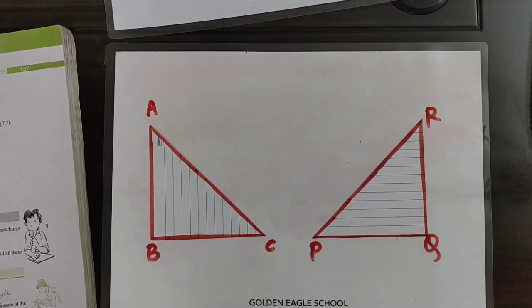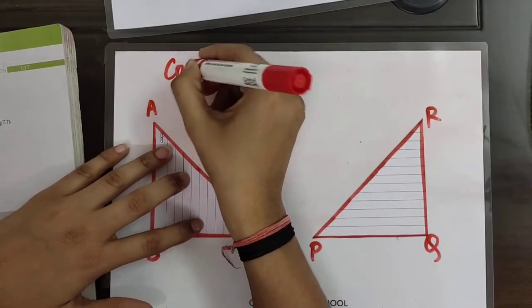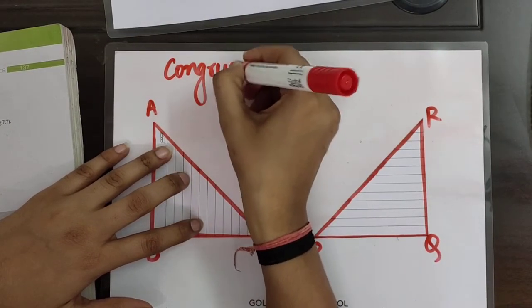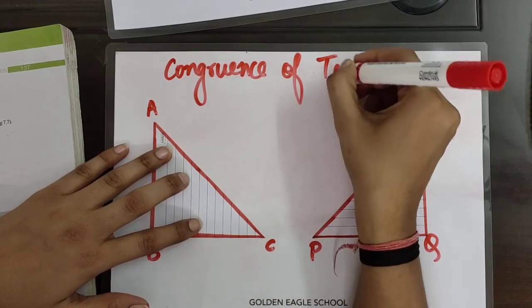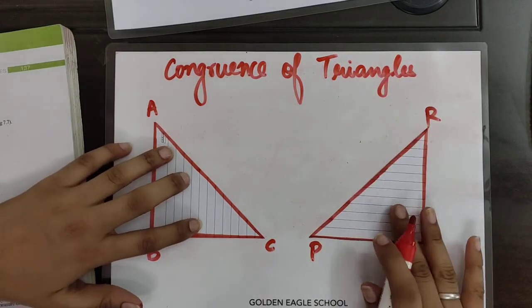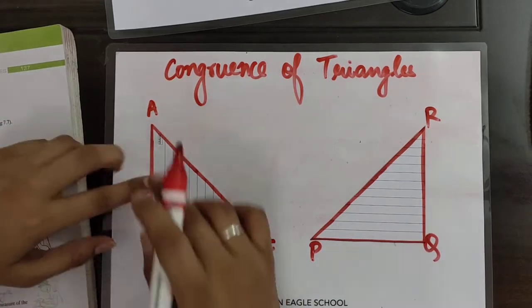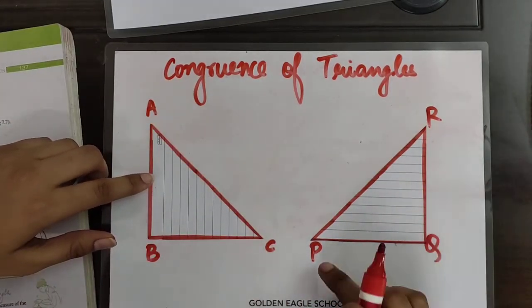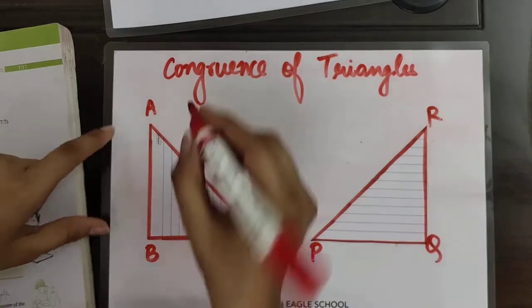Now we are talking about congruency of triangles. Here, as you can see, we are having two triangles, ABC and PQR. So what does this suggest?